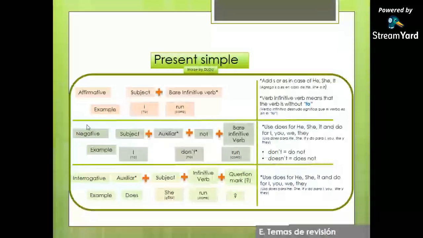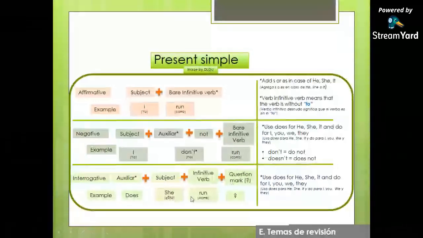Negative form, we use the subject, the auxiliary, do or does for he, she, it, and do for the rest of the pronouns, then not. We can use also contractions, don't for do not, or doesn't for does not, and the bare infinitive verb. That means without the to. I don't run. And for the interrogative form, we use first the auxiliary, followed by the subject, the infinitive verb, and the question mark.